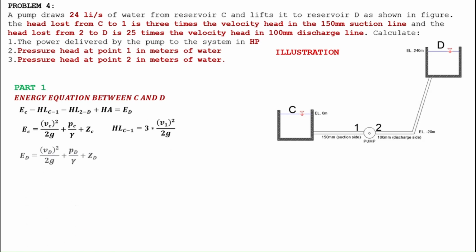Energy at D is equal to velocity head at D plus pressure head at D plus elevation head at D. Head loss from 2 to D on the other hand as stated in the problem is 25 times the velocity head at the 100 mm discharge line, or the velocity head 2.